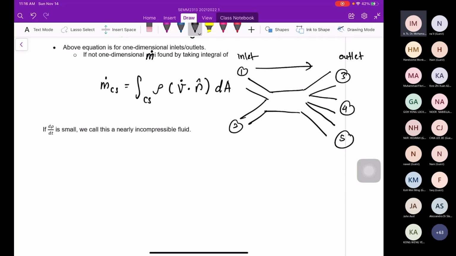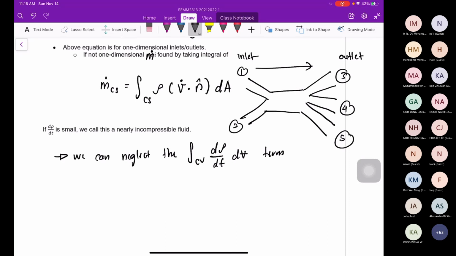So we can neglect, in the control volume here, the change of density over time, the dV term, and get the density times V dot n dA.